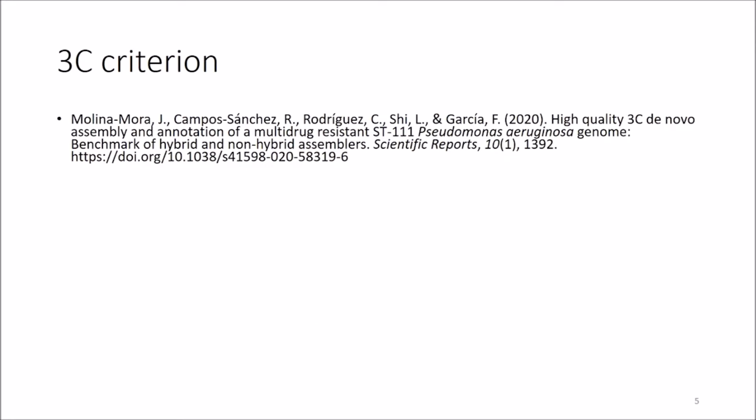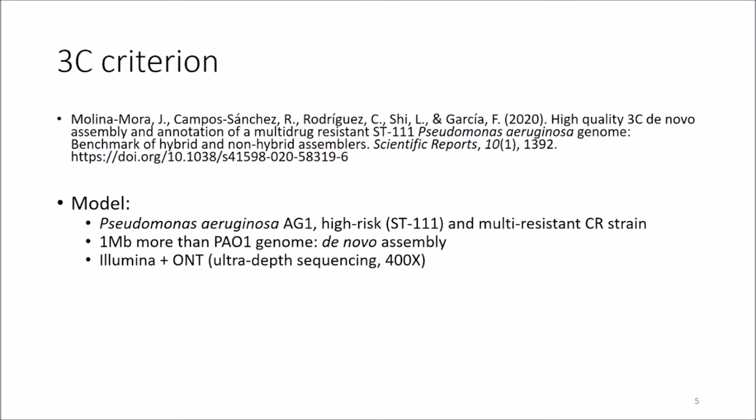In our previous work, we defined the 3C criterion, and we used Pseudomonas aeruginosa AG1 as a model, a high-risk multi-resistant strain from Costa Rica. And when we evaluated the genome, we found more than 1 megabase of sequence in comparison to the reference genome.